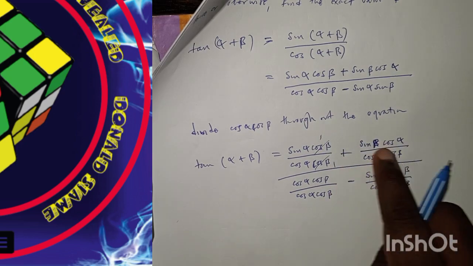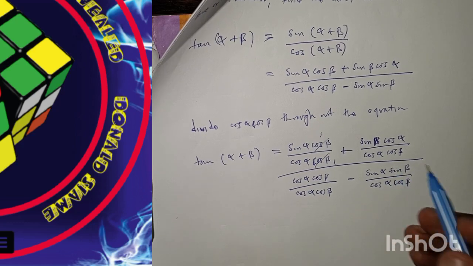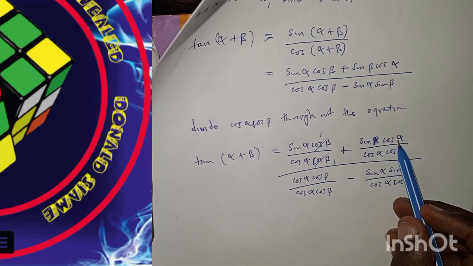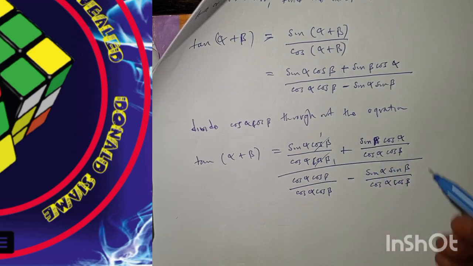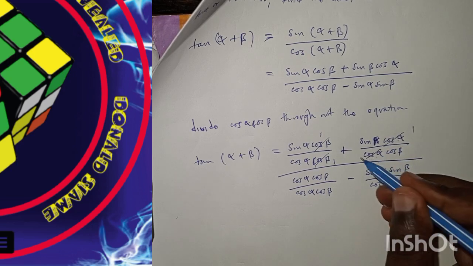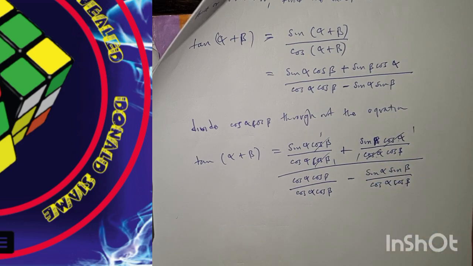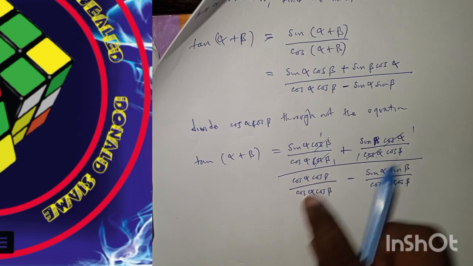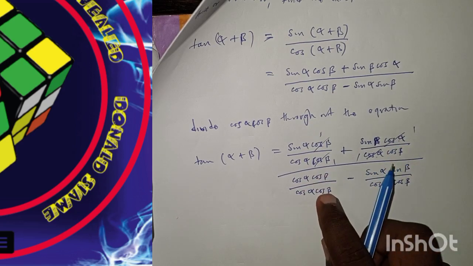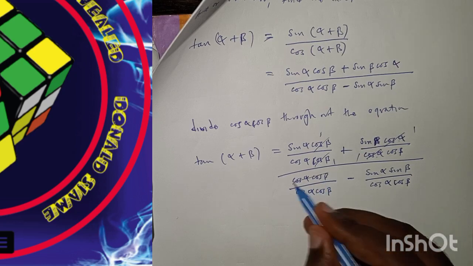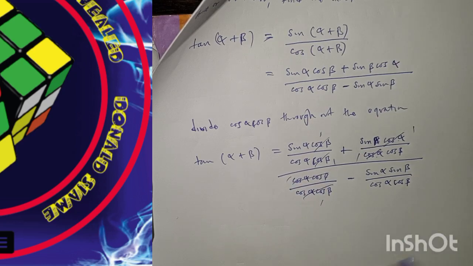Here we have cos alpha and cos alpha, so again these two will cancel out. At the denominator the same term divided by itself cancels, so we are going to have a 1.